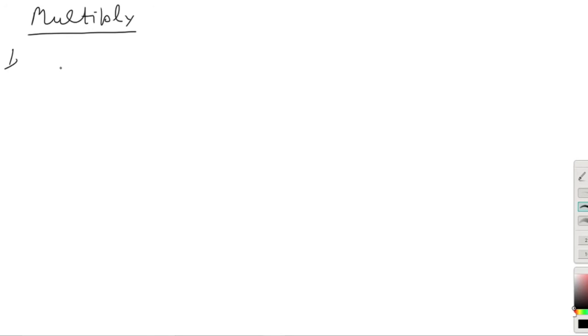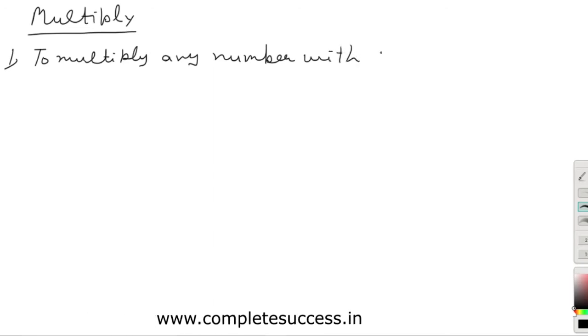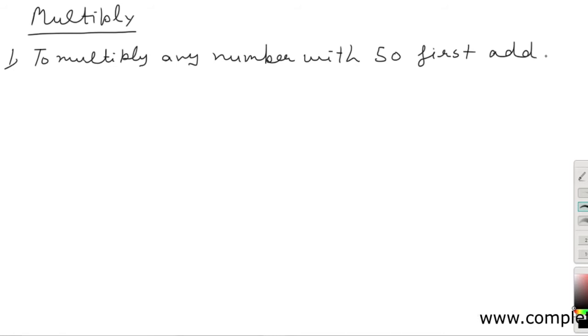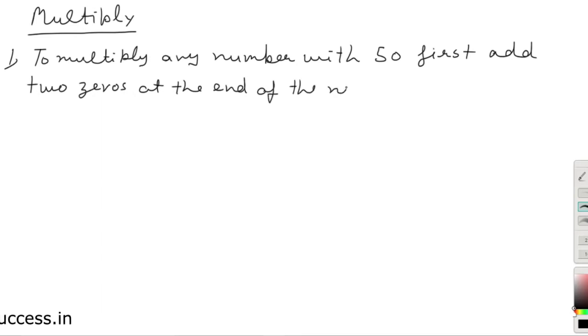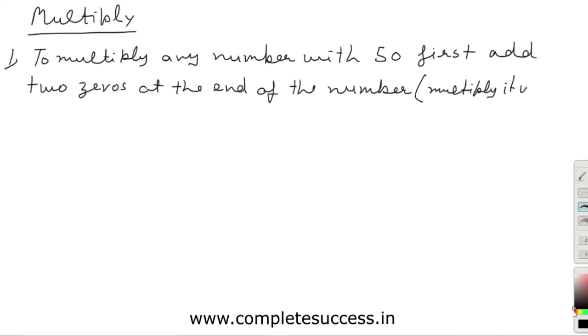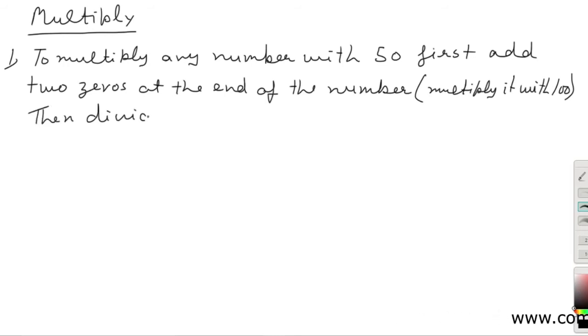So in multiplication, first is multiplying by 50.